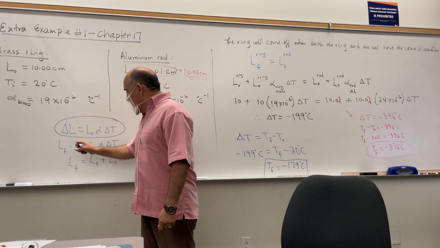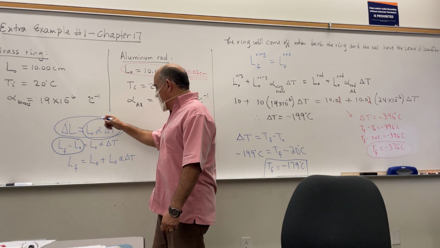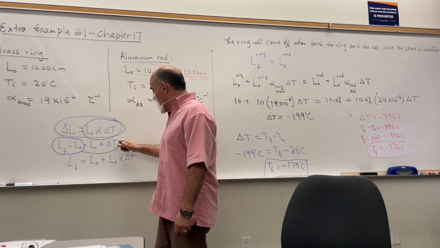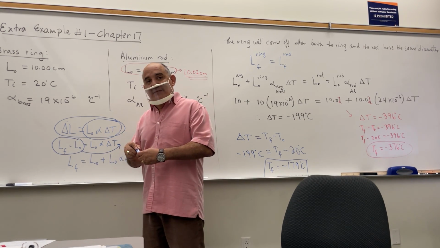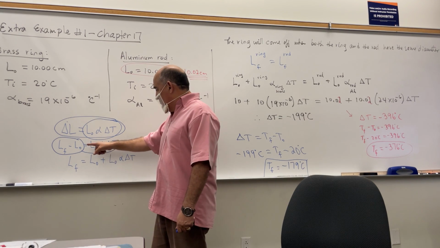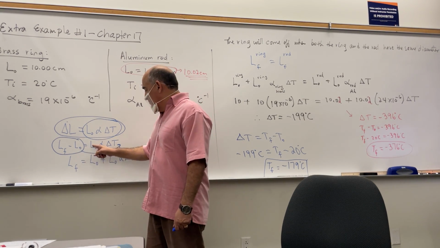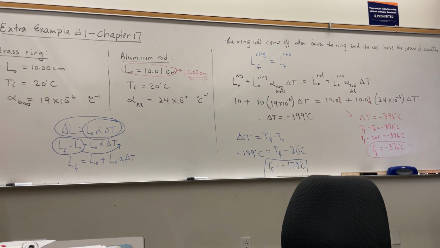So the change in something is the final length minus the initial length, and that's equal to this by the physics of the problem. And then I just move this to this side, and that becomes positive. So L final will be, when I bring this over to this side, it becomes plus L naught, then plus L naught alpha delta T.